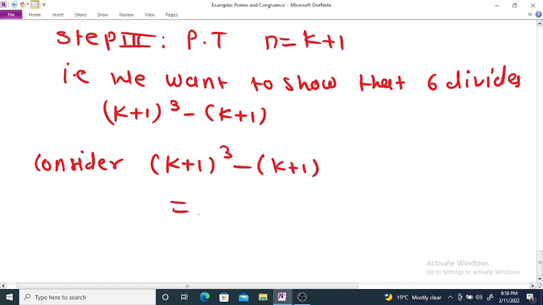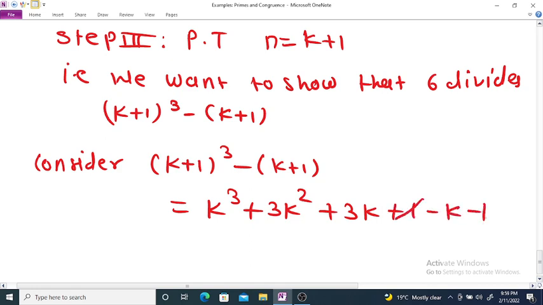As we know that (a plus b) cube is a cube plus thrice a square b plus thrice a b square plus b cube, here 1 square is 1, so I am not writing 1, plus 1 cube, that is 1, minus k minus 1. So here 1 will get cancelled.